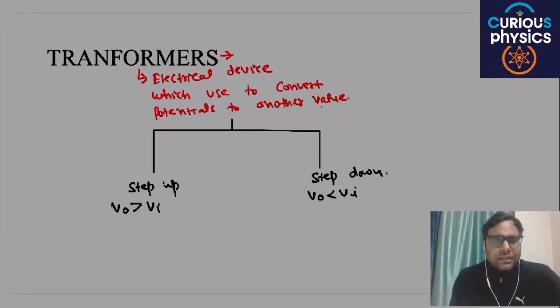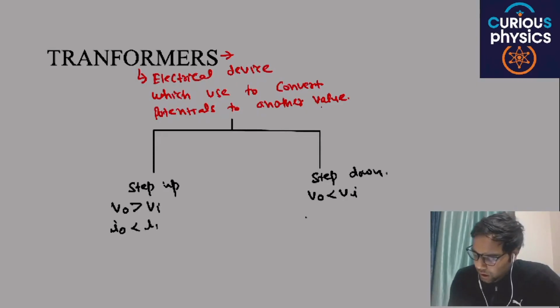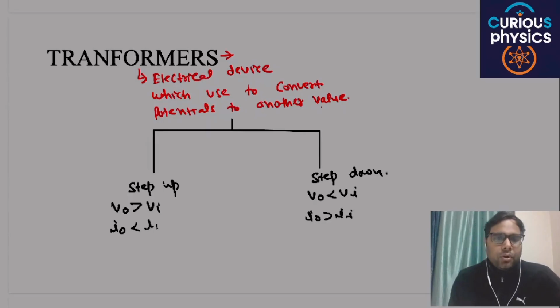Step up increases the potential and step down decreases the potential. Also, in case of step up, output current is less than input current, and in case of step down, output current is greater than input current. Are you able to understand my point or not? This is step up and step down transformers.